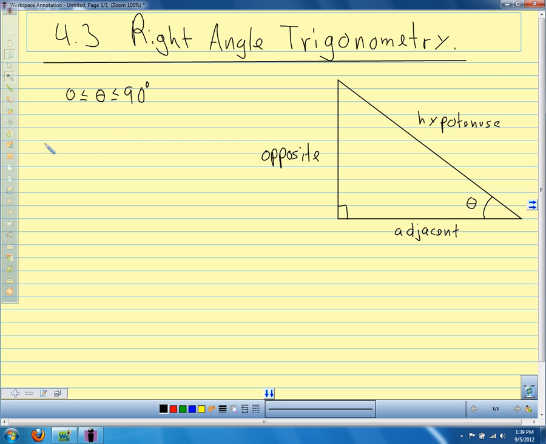We say the sine of theta is the opposite over the hypotenuse. And I'm going to use a shorthand here. Opposite over hypotenuse. The cosine of theta is the adjacent over the hypotenuse.